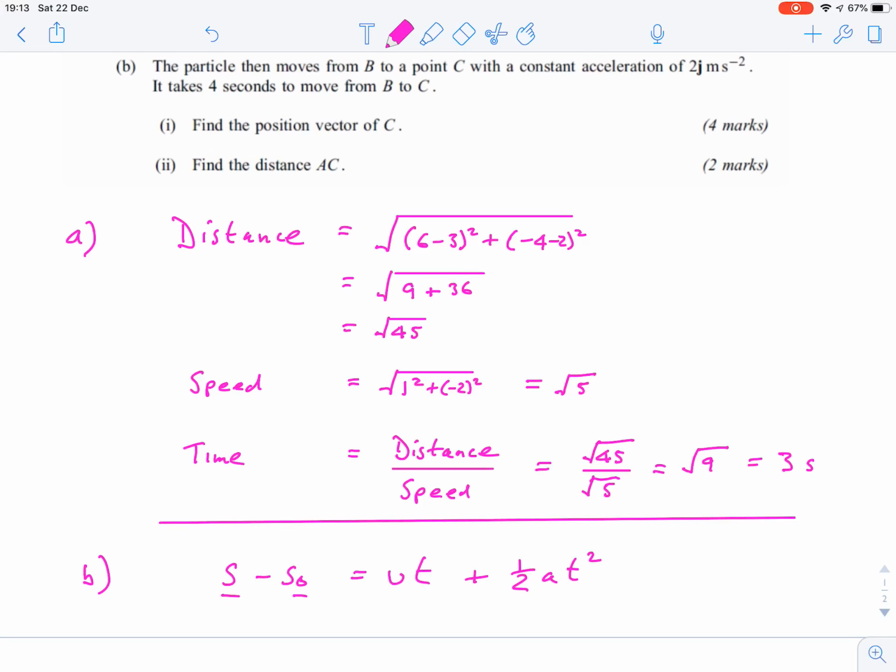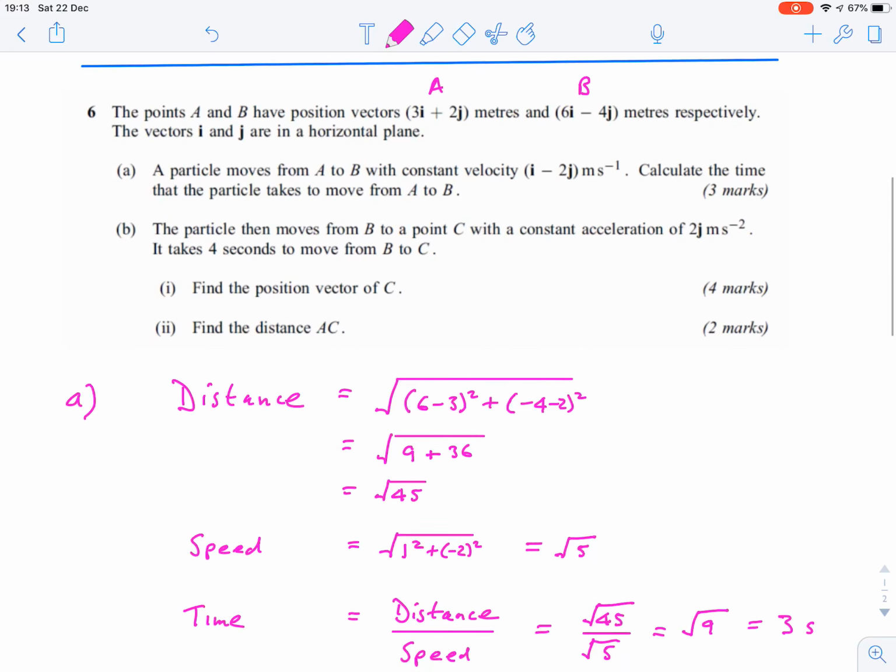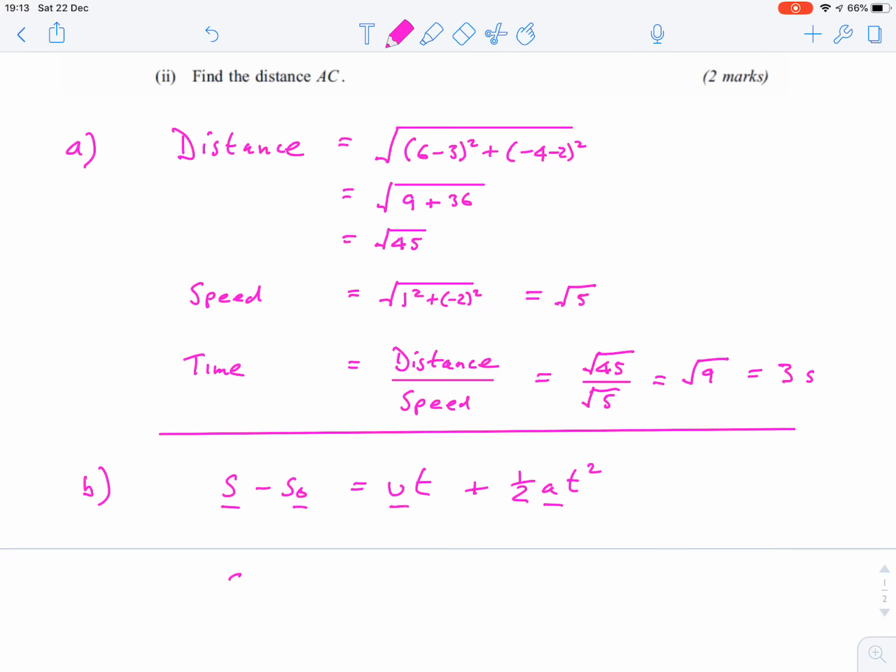And these are vectors, all except for t. Because we do not start at the origin, we're starting at point B, which is the point 6i minus 4j.